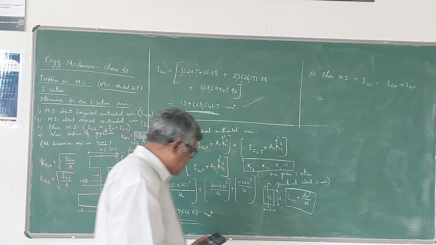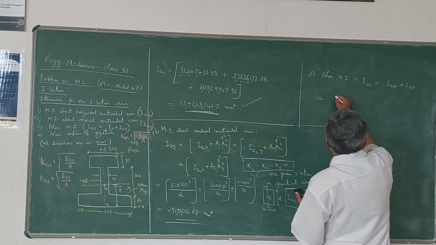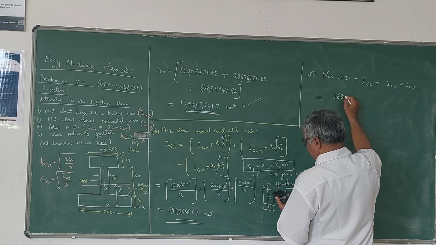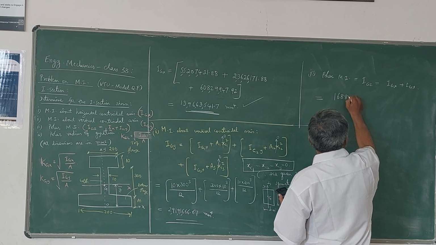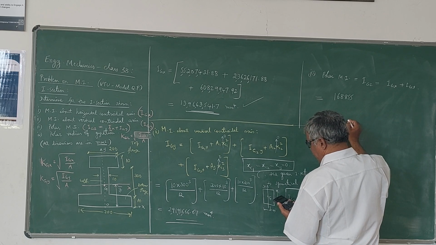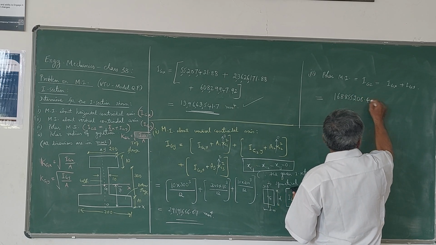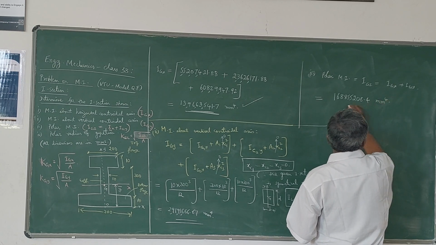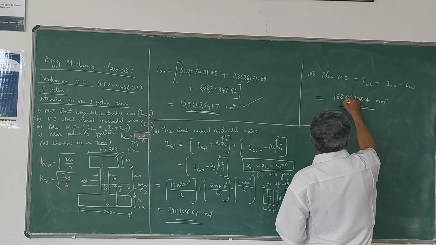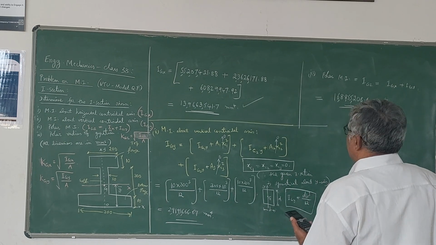So the value is 168855208.4 millimeter power 4. We just have to add the values of Igx and Igy.